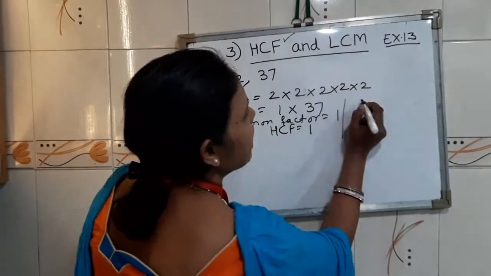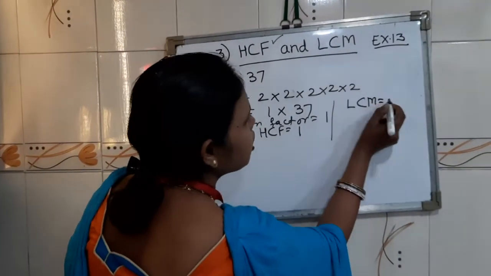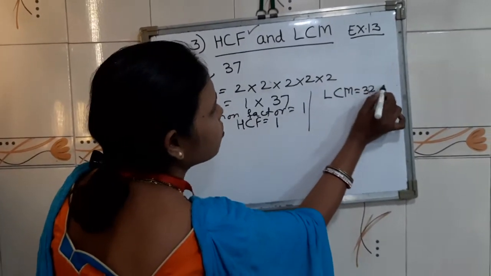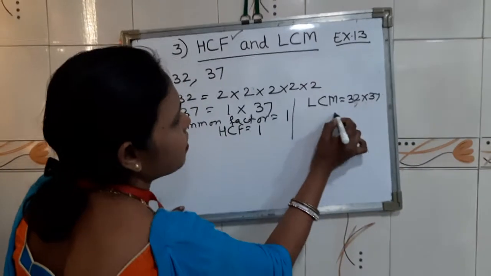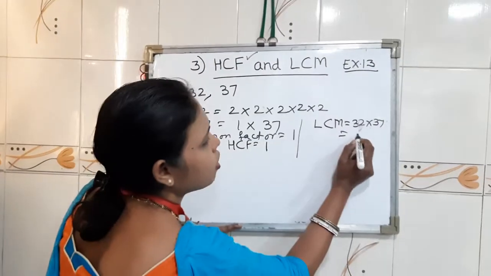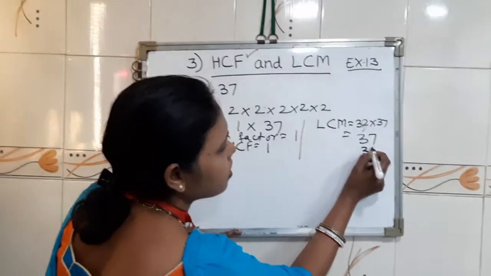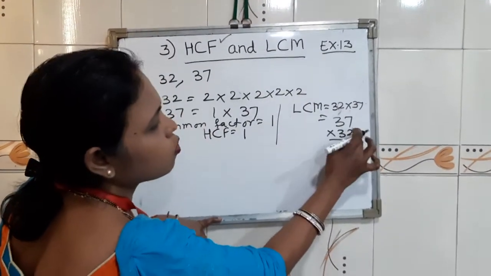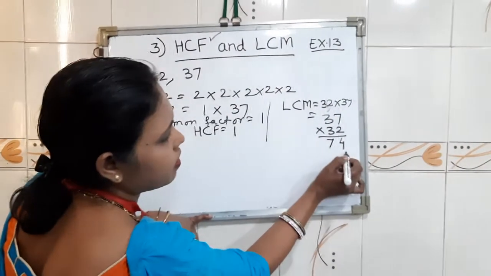Then your LCM equal to 32 into 37. Multiplication of both these numbers. Find out 37 times 32. 2 7s are 14. 2 3s are 6, plus 1, 7.